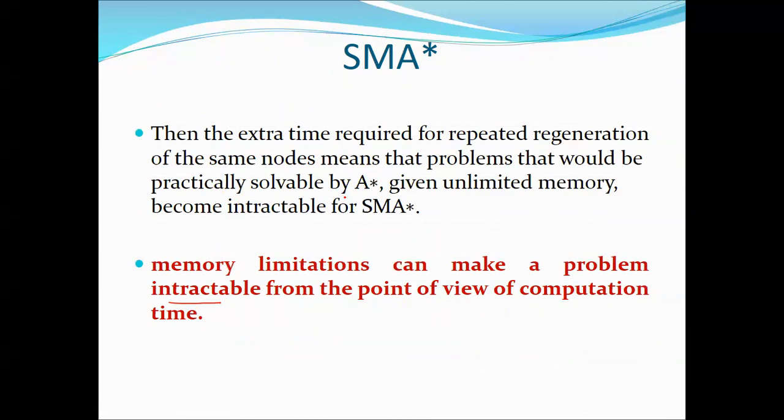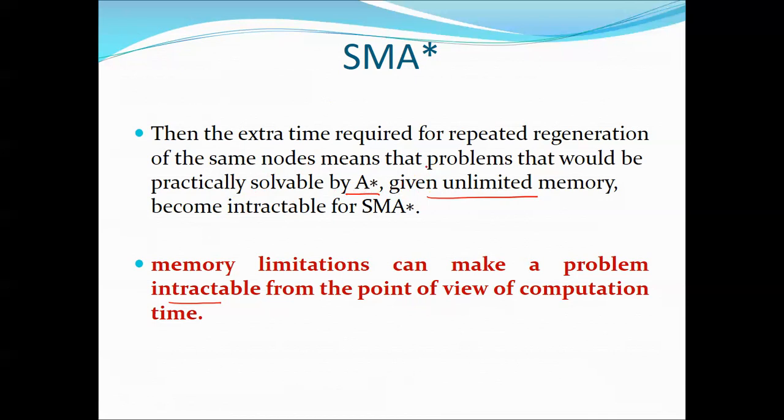The only problem with the A star algorithm is that the memory requirement is the major problem. Otherwise, it is optimal and it is complete, that we know. Let us assume we are using the A star algorithm and we have unlimited memory. Then the A star algorithm is tractable. That is, it will find a solution.